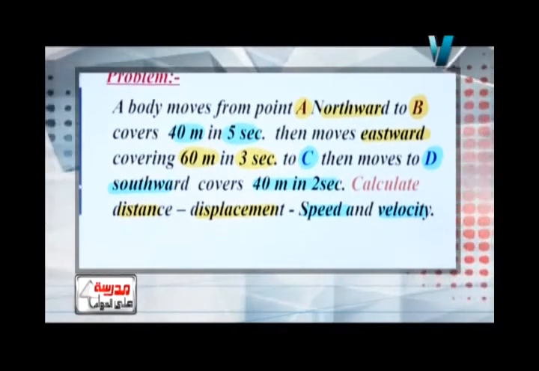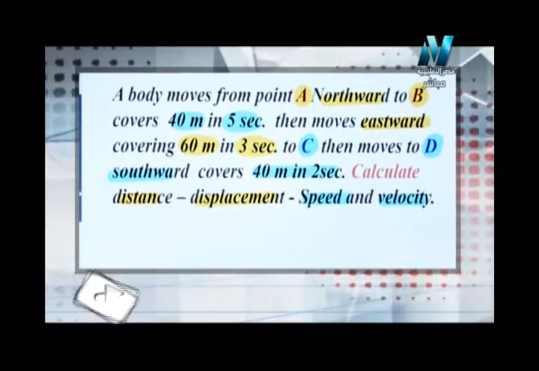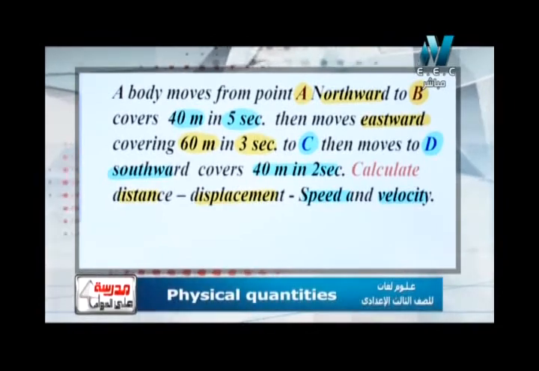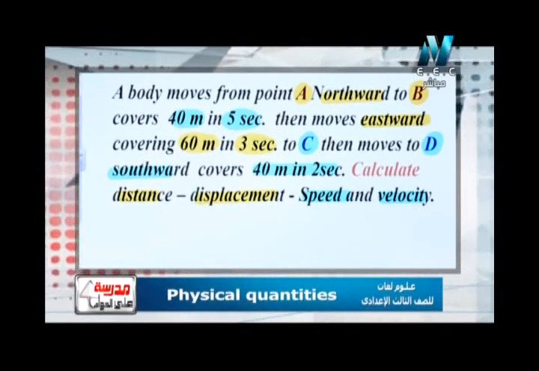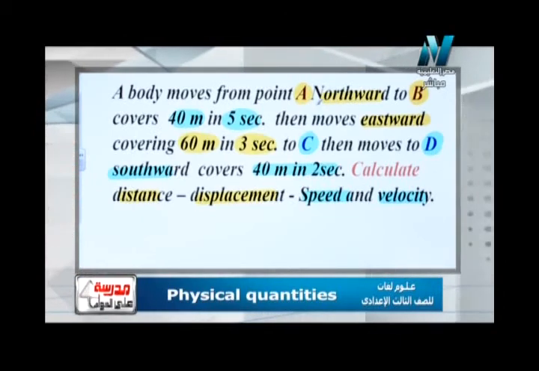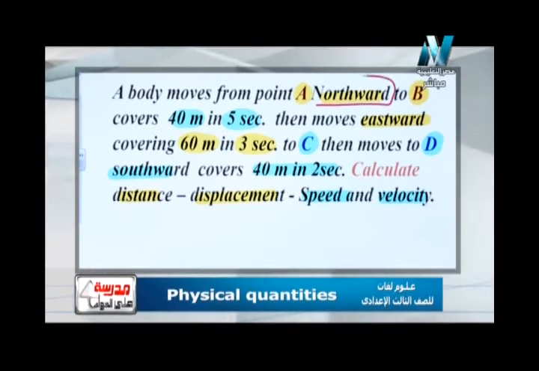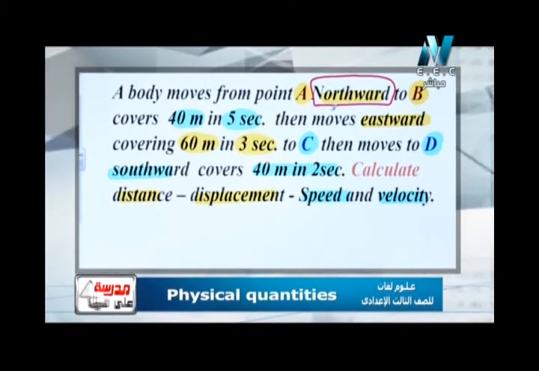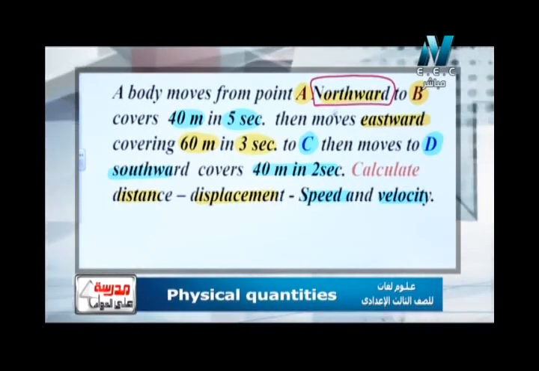Before we answer this question, we should draw a draft, not necessarily with a ruler. Okay? We can draw like this in front of you. The body will move from point A, but the most important thing is the direction: it moves northward. Of course we know north, south, east and west, the 4 directions.